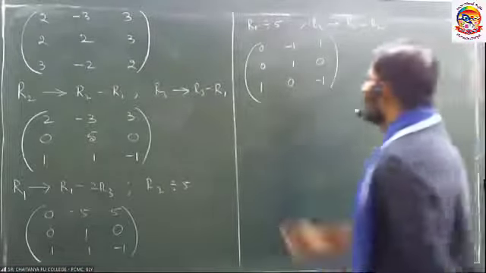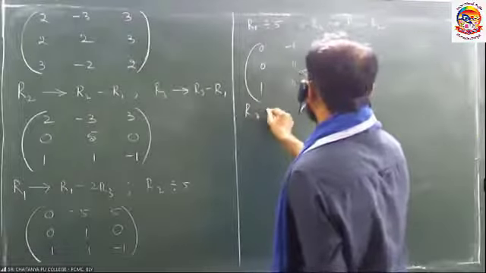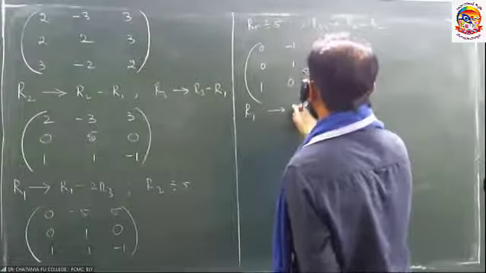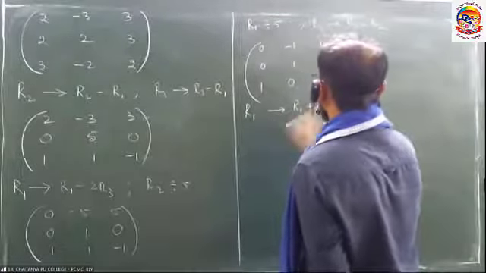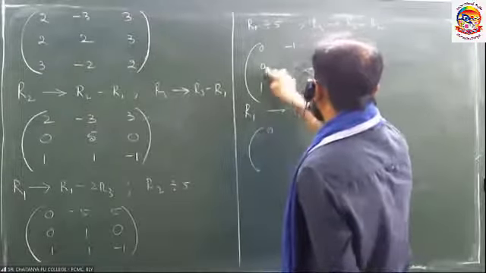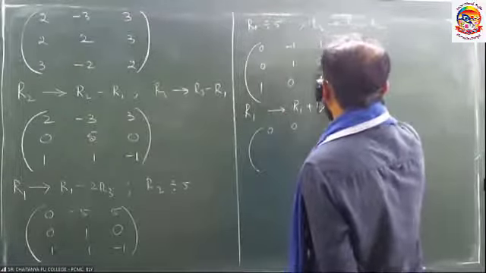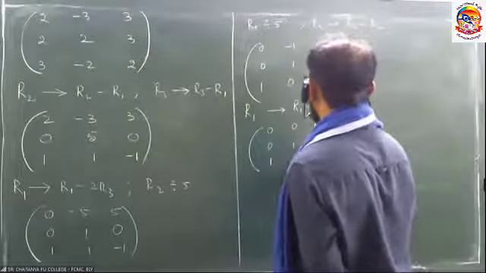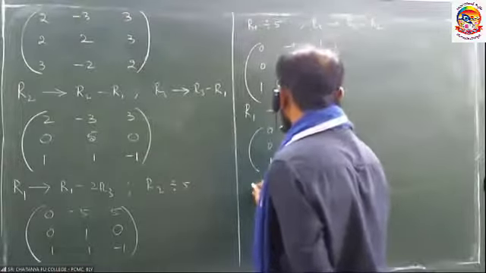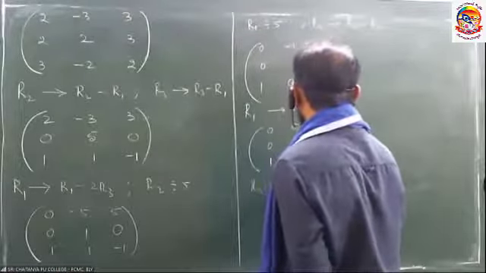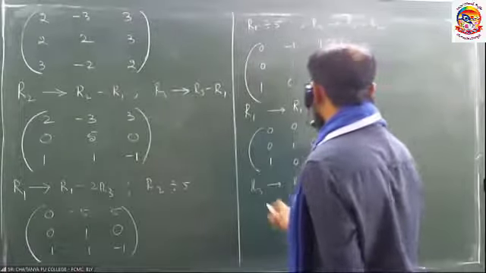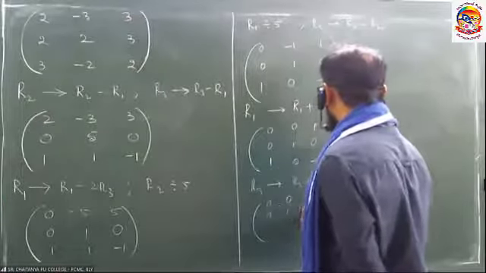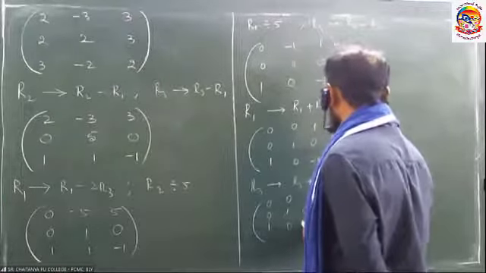Now you can do R1 changes to R1 plus R2. I am going to get 0, minus 1 plus 1, 0, 1 plus 0, 1, 0, 1, 0 you got, and this one as it is. Now you do one thing, R3 changes to R3 plus R1. I am going to get 0, 0, 1, 0, 1, 0, 1, 0, 0.